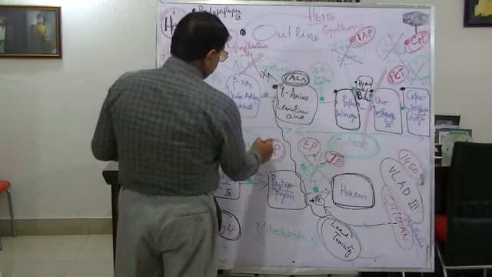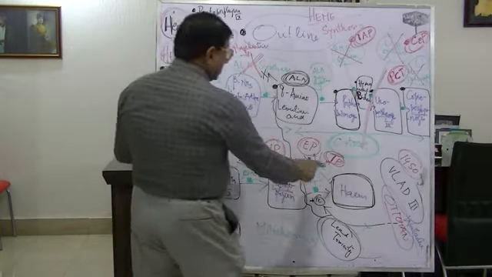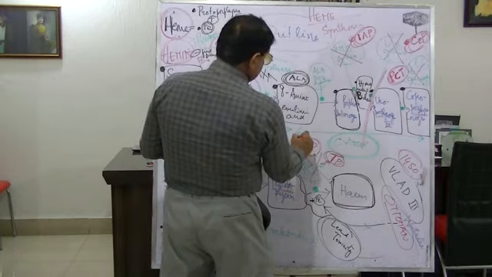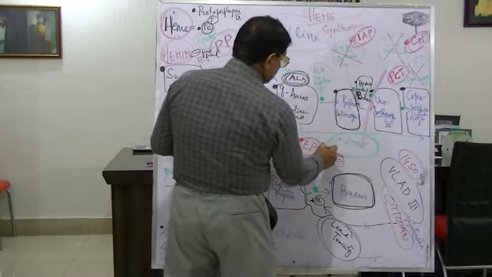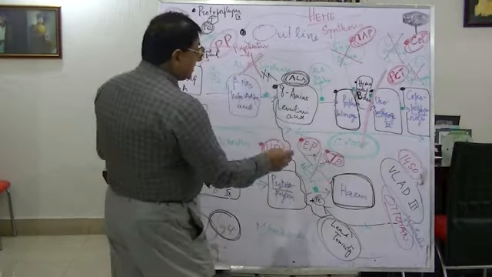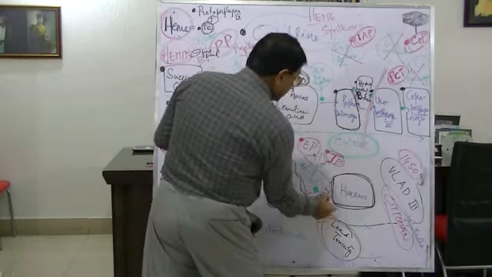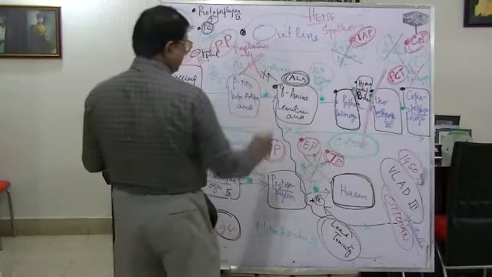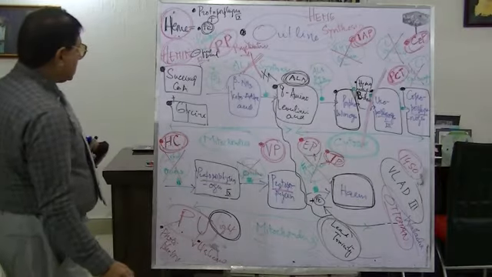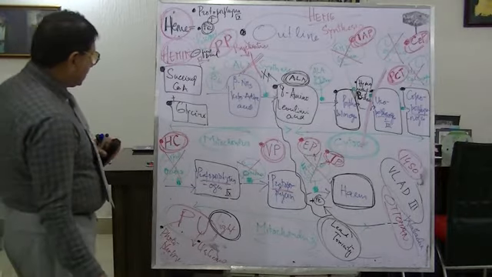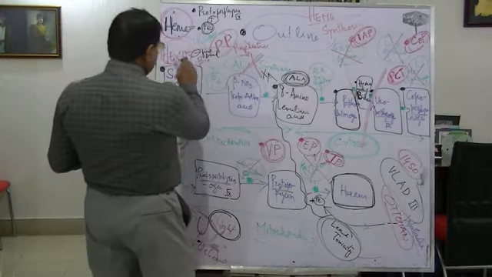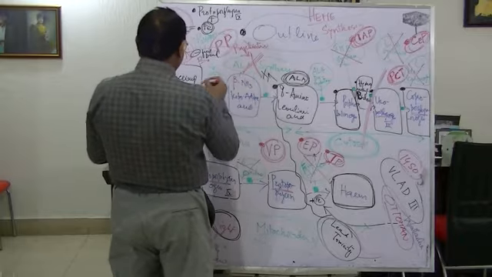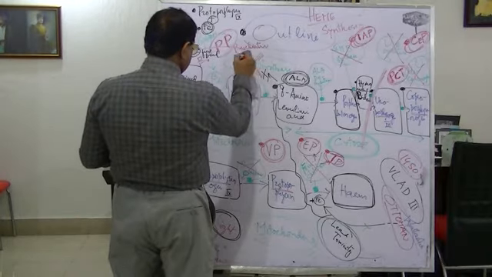Then variegate porphyria, and when this one is deficient, you've got two: erythropoietic protoporphyria or toxic protoporphyria. This is blocked by lead over here, and also over here. And hemin also causes negative feedback over here.